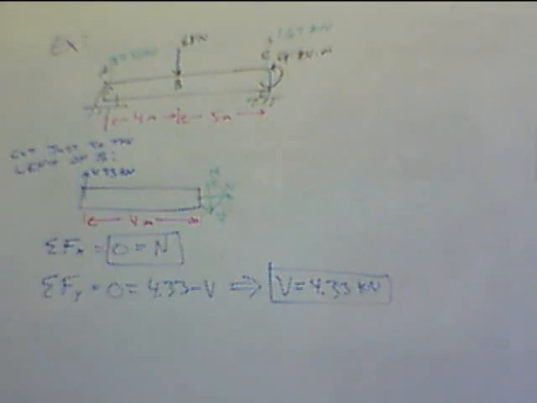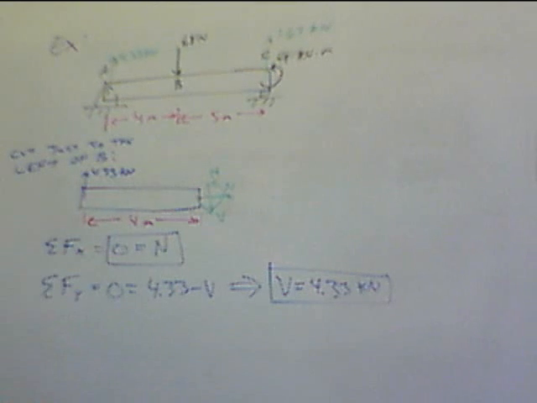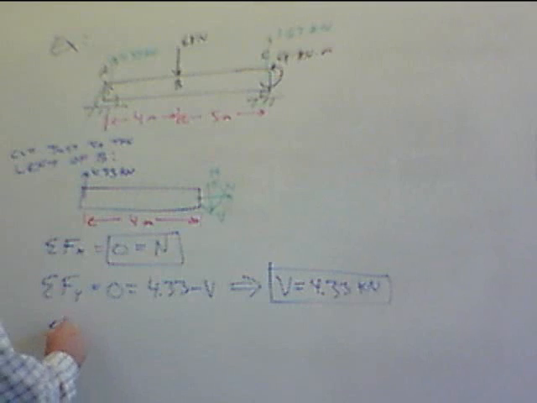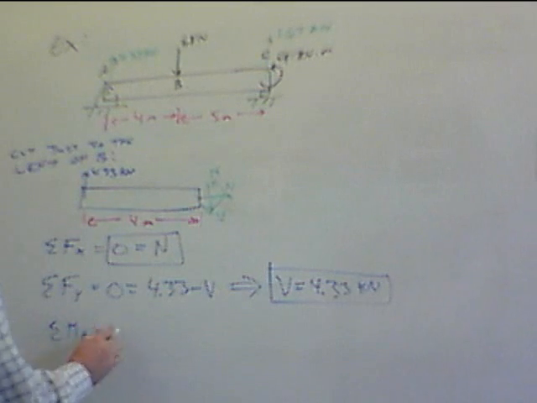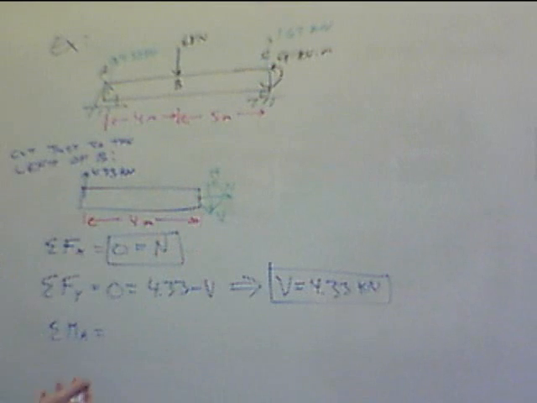When we look at the moment, you can take moment about any point you want. Note that you still have to include these forces if you take moment here. I'm going to take moment about point A. You could take moment about point A or point B over here; either way, it's not going to make a difference. But about point A, this 4.33 drops out.